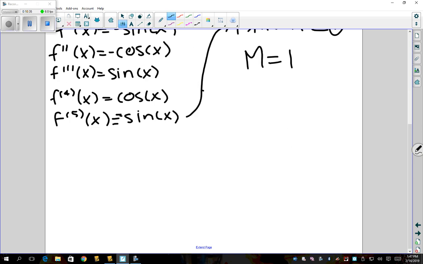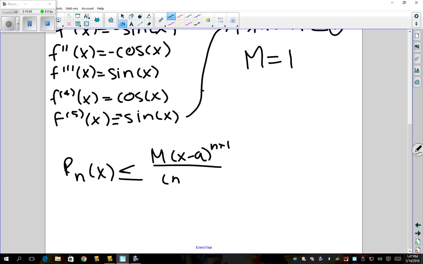So then you know that Rn of x is less than or equal to M times x minus a to the n plus 1 all over n plus 1 factorial. And I'm just going to plug in everything I know. I said that M was 1. My x is pi over 4. My a is where my series is centered.